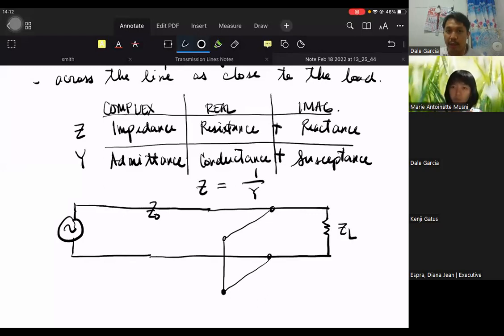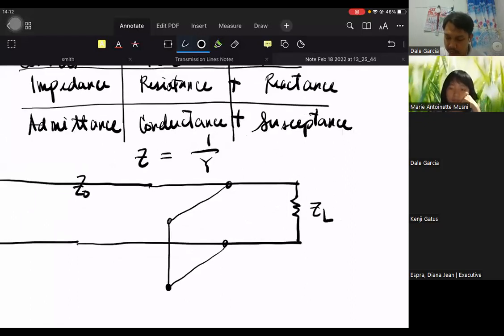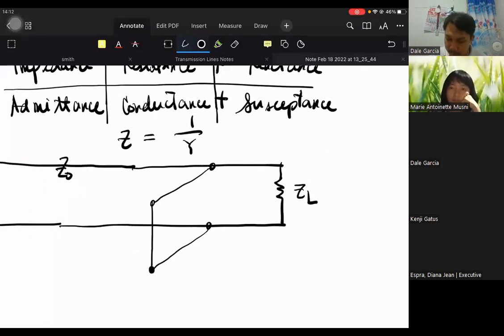So we have two variables here, and this is where the Smith chart comes in. What are the two variables? They are the answers to the questions we are looking for. How far should our matching stub be from the load? It was said as close to the load as possible, but that's still vague. How far, how close, no? How close should our matching stub be from the load?